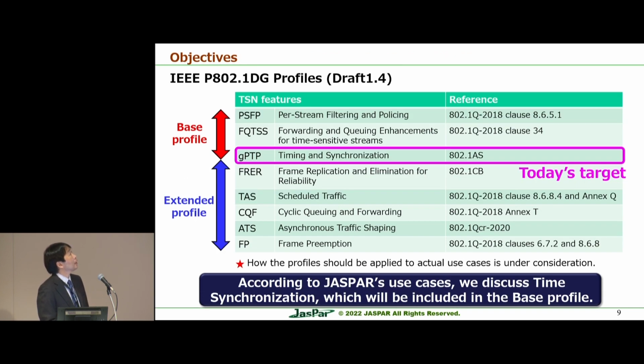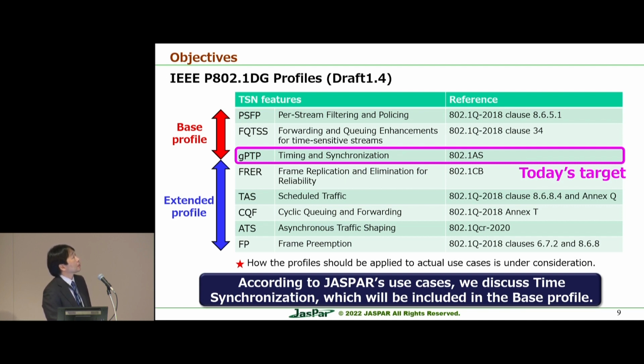So this table shows the DG profiles as in draft 1.4. The left column shows the TSN features, and the right side refers to the IEEE Standards 802.1. As you can see, the DG profile is composed of the base profile and the extended profile.